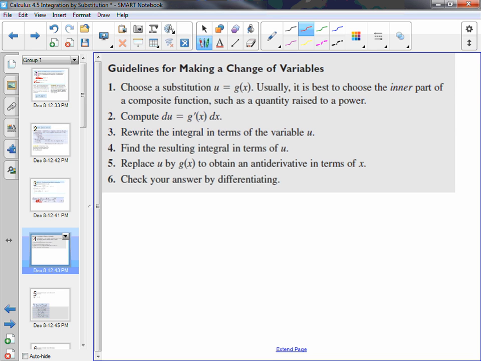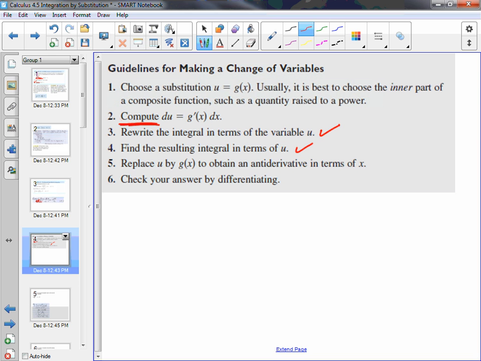Once you've chosen u, then you have to compute du. You have to figure out what du equals. Then you rewrite your integral so that it's a function of u instead of x. If you've done everything correctly, you now have a function of u that you can find the antiderivative of.